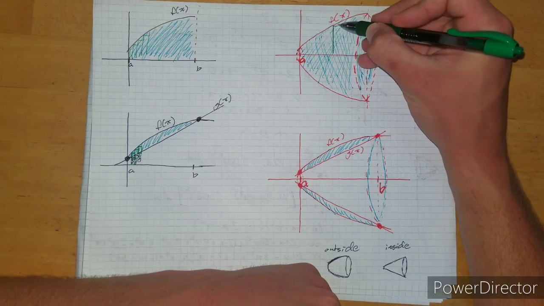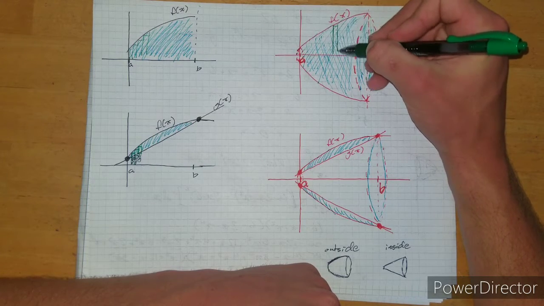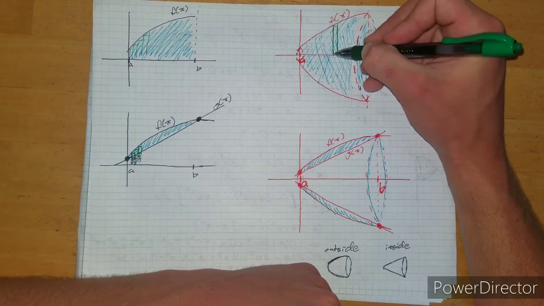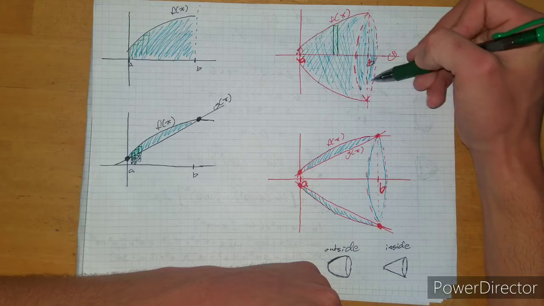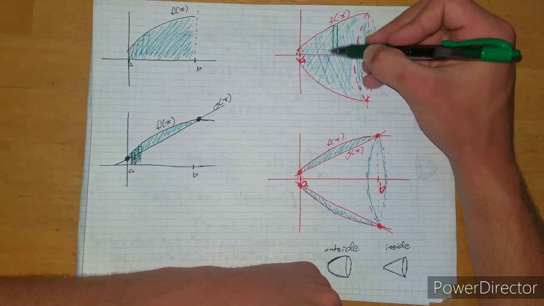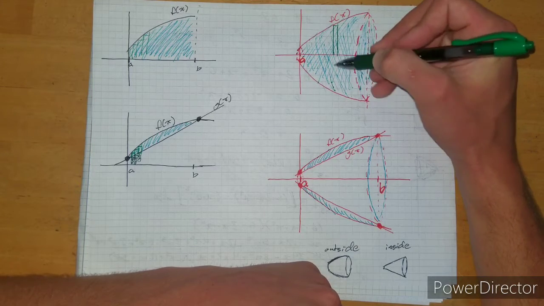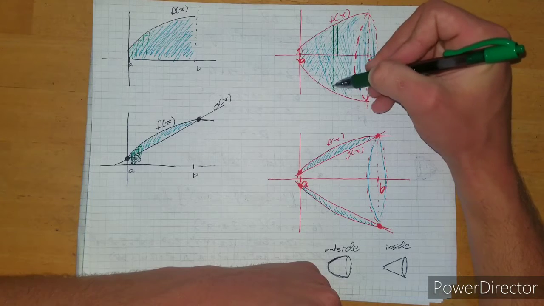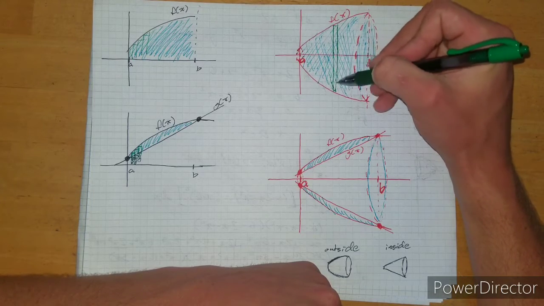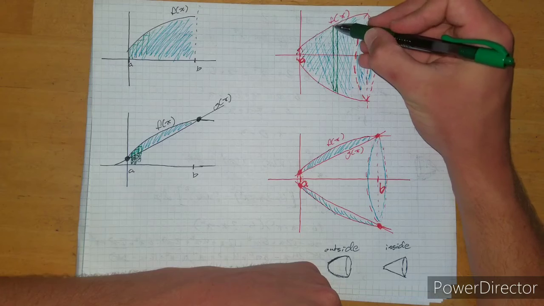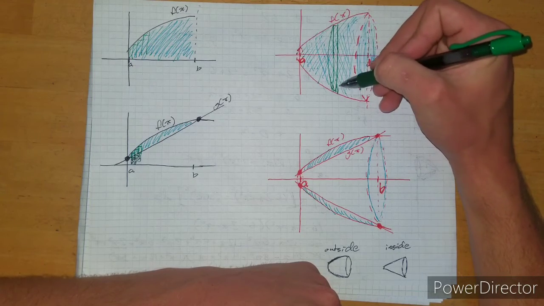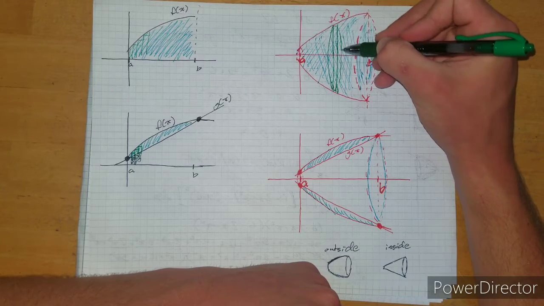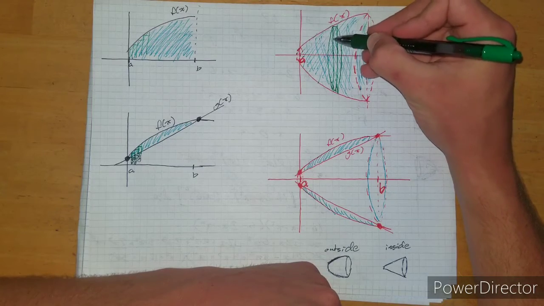We'll just look at one rectangle for now. If I take a rectangle here, I'm going to rotate it just like I rotated the function around the x-axis. And so what I'm left with is a disk.